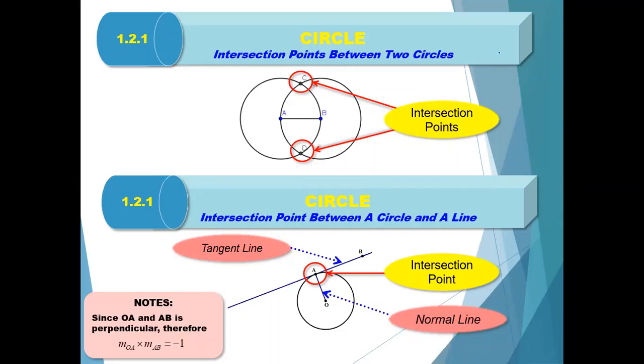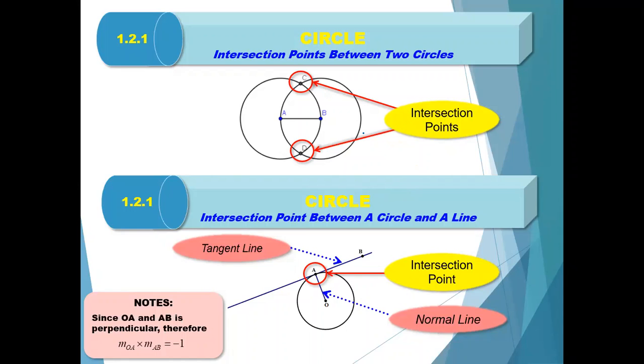So we divide into two: the intersection points between two circles, and the intersection points between a circle and a line. A circle and a line, actually you use your knowledge in subtopic 1.1 in the previous week's lesson.